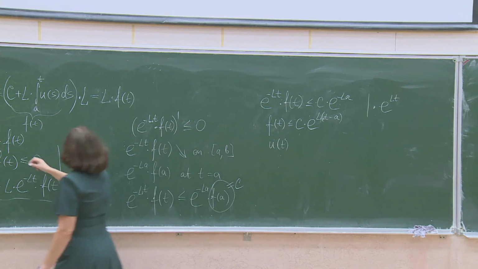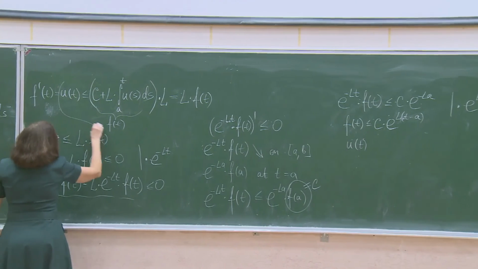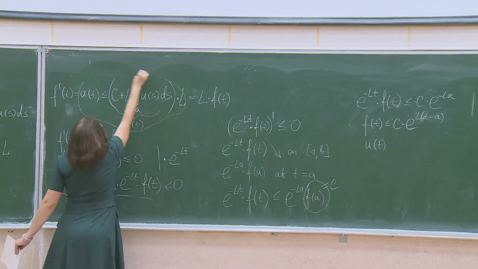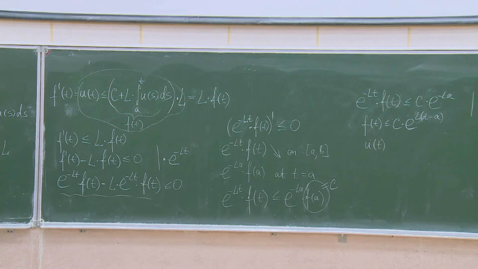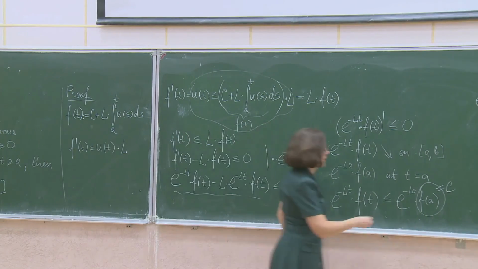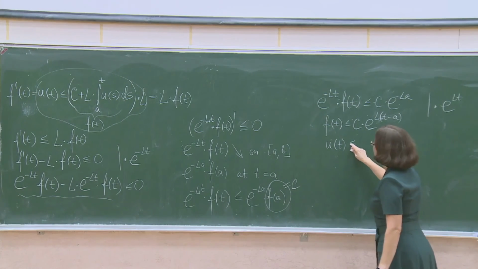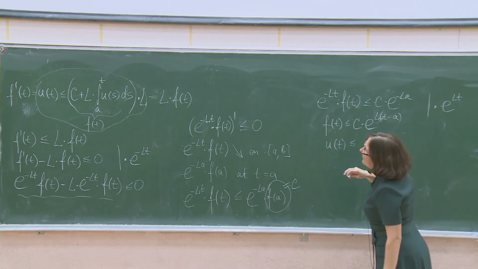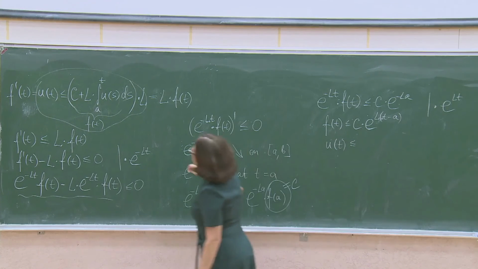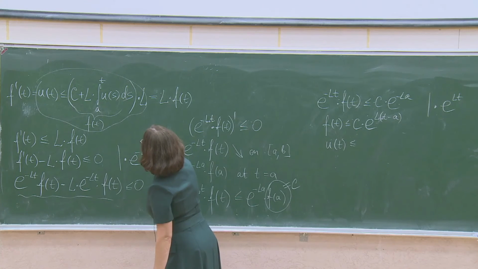Well, so you can see that u of t is less than this function.